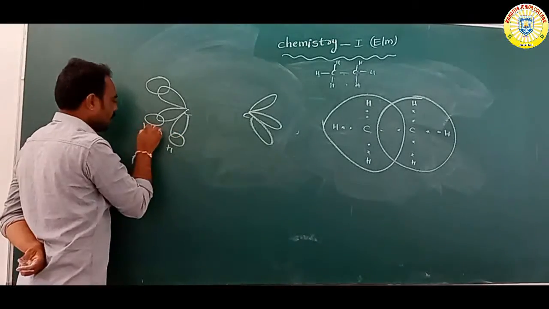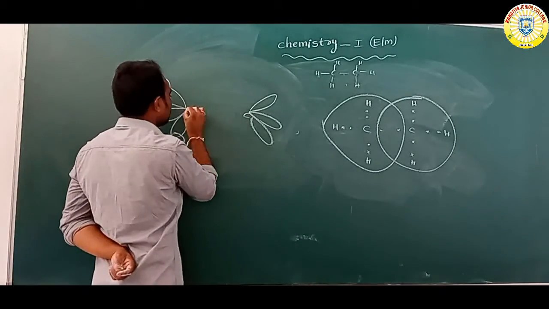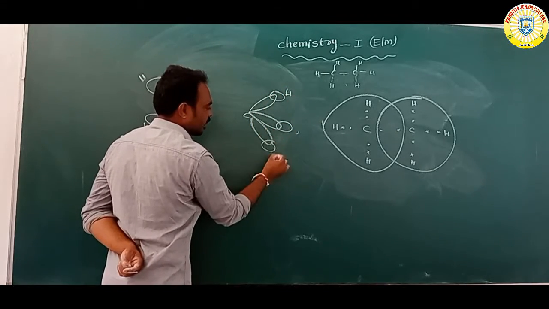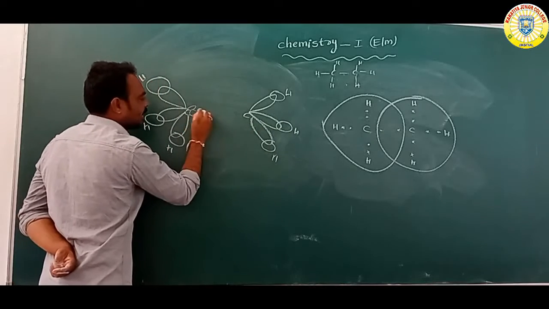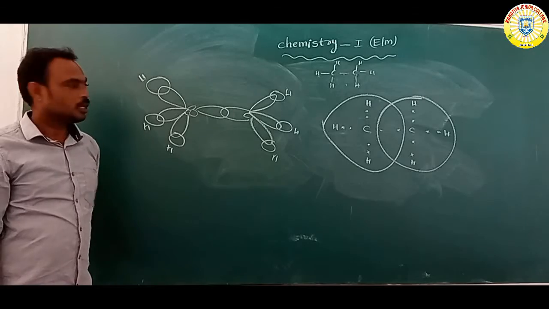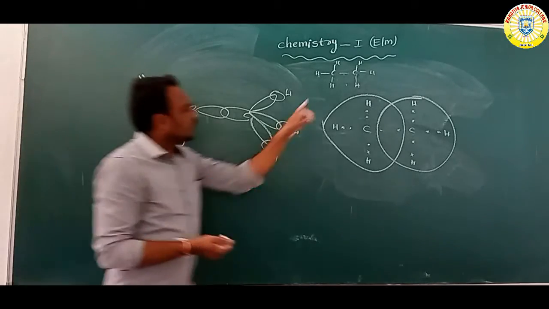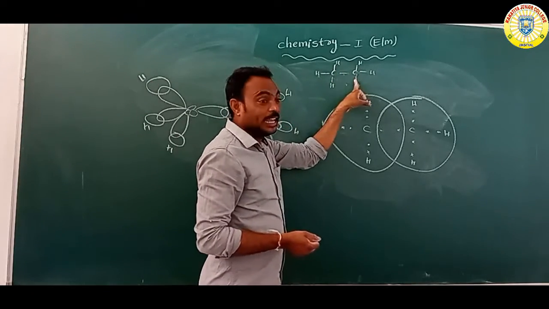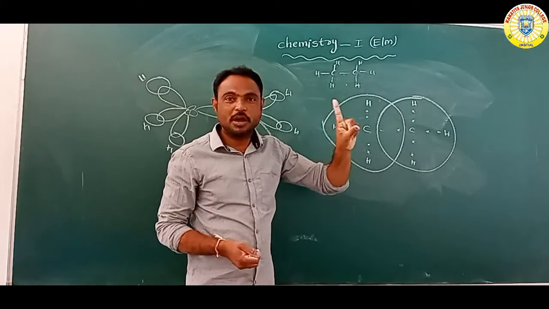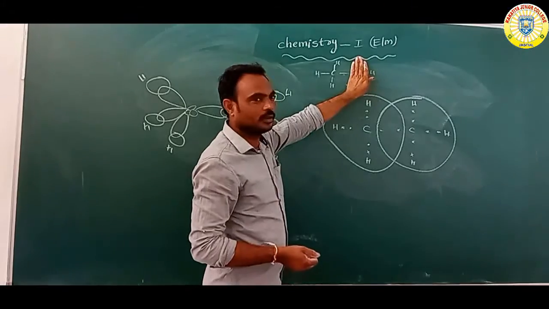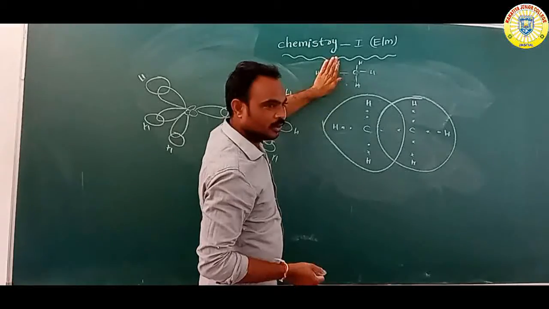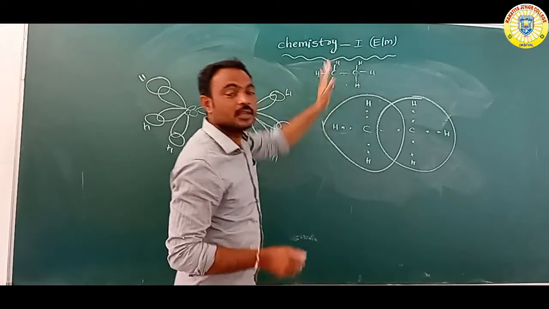So H, H, H. This carbon also bonds to H, H, H. Between carbon and carbon there is a bond. These are all single bonds, and single bonds mean sigma bonds. This carbon has 4 single bonds, or 4 sigma bonds, and so does the other carbon.